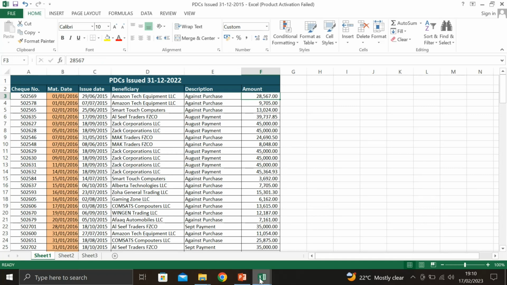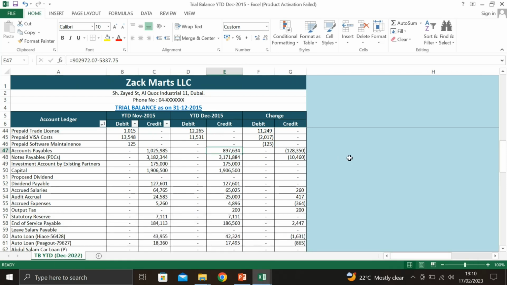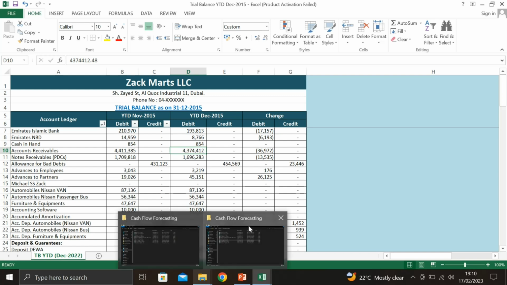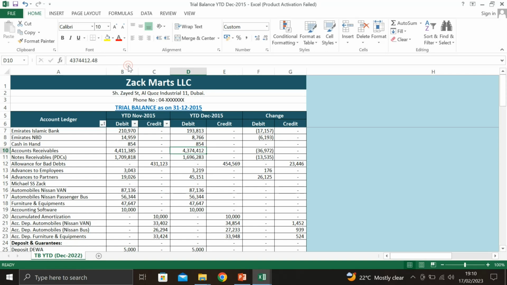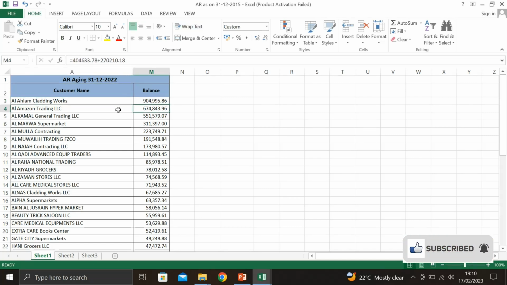Then for the customers, the accounts receivable balance we have here is 4.3 million. But what is the detail of this? You can see here we have the AR sheet, with the complete aging report for each customer: the balance for each customer.